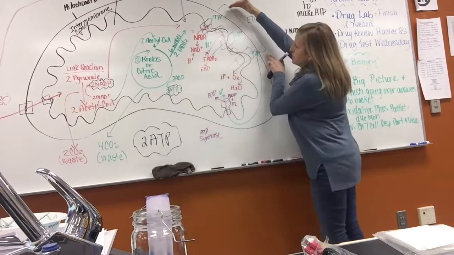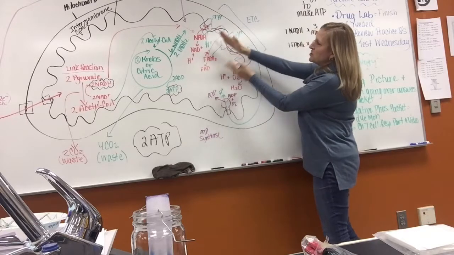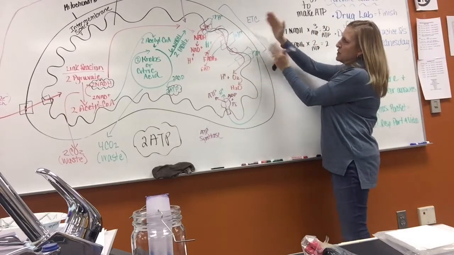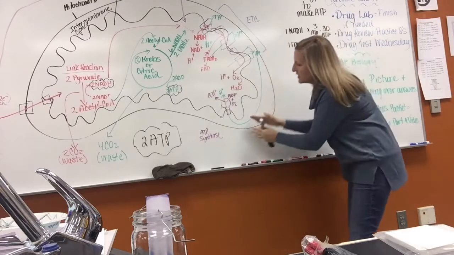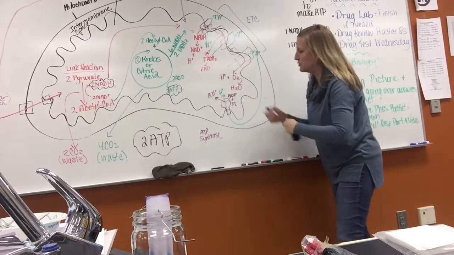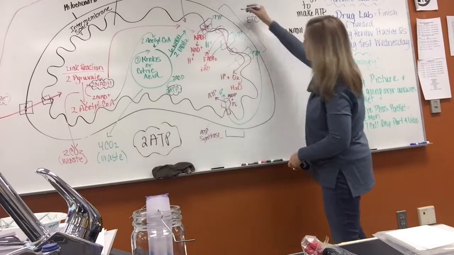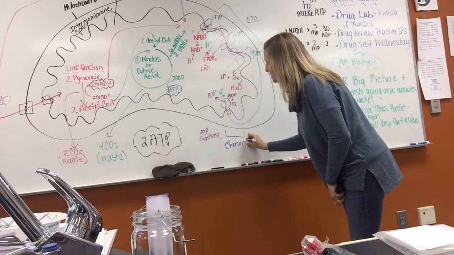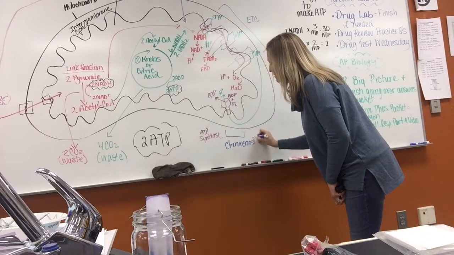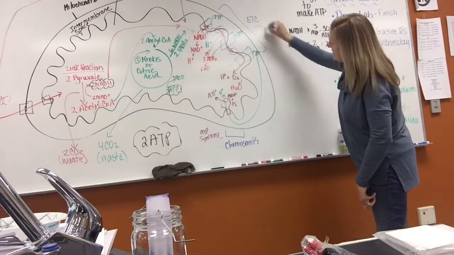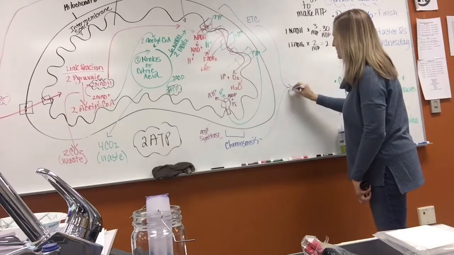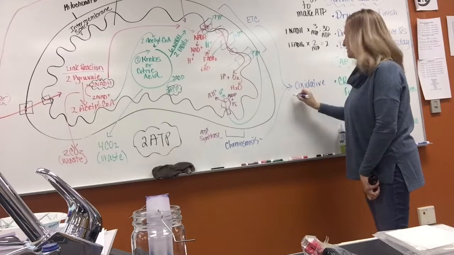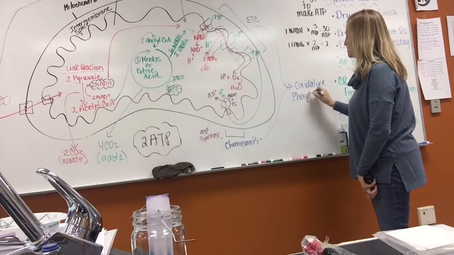So the electron transport is the electron transport chain, which its goal is to make H pluses, pump the H pluses into the inner membrane space. And then the chemiosmosis part is when they diffuse back down. So I'm going to call this, so I said this is electron transport. This is chemiosmosis. And then these guys together are called oxidative phosphorylation. So you see the relationship there.